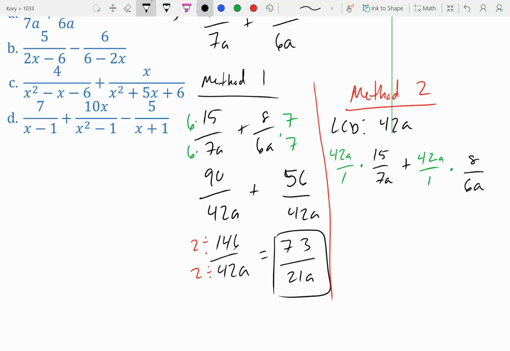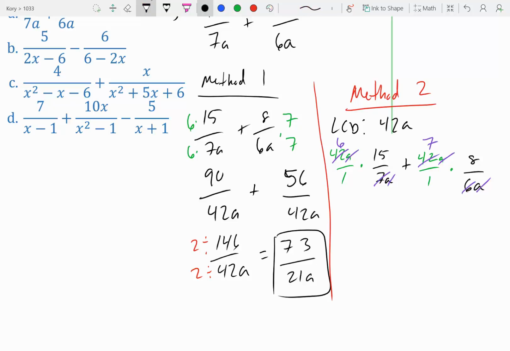And then we're going to cross simplify. So when we cross simplify, we're going to look for things diagonally that they share. Well, they share an a, and 42 and 7 go together 6 times. Now they share an a, and 42 and 6 go together 7 times. Now let's write what we have left over.